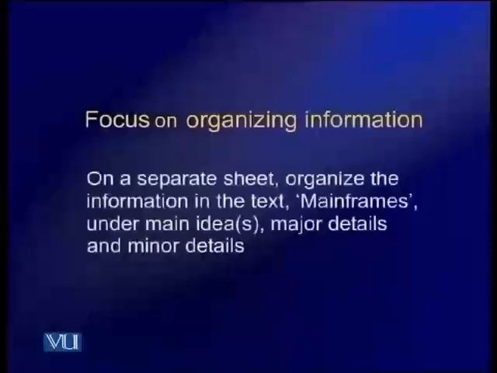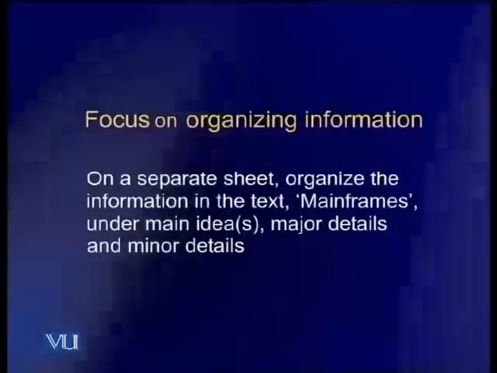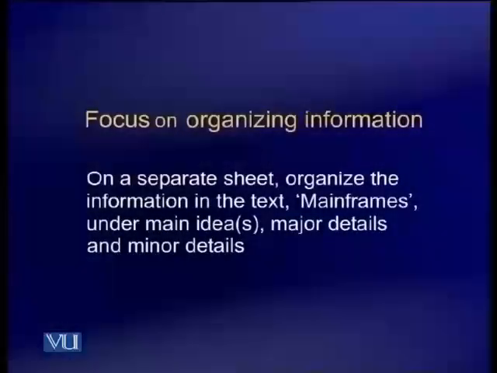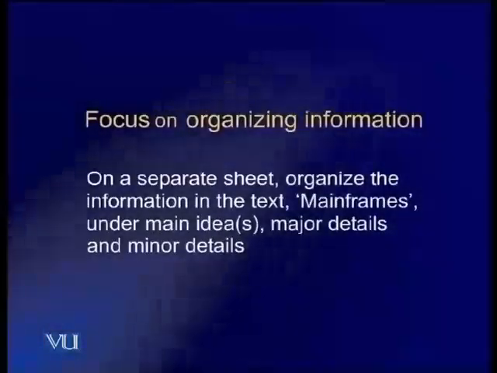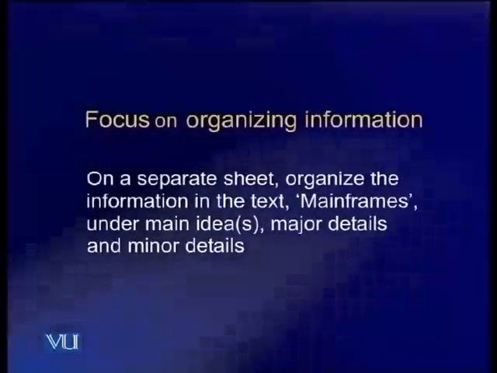Now, first we reviewed the contents of what you had read. Now we shall look at the way the information was organized. What was the main idea of this text that you read? The main idea was that mainframes are big, powerful machines which process an immense amount of data with great speed and accuracy.